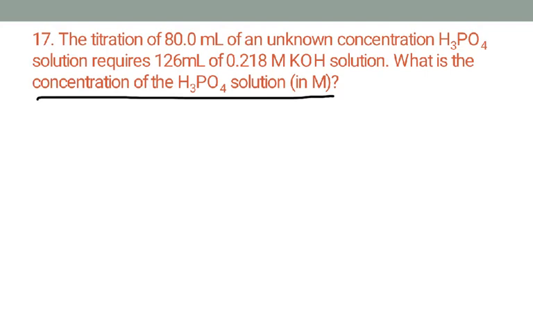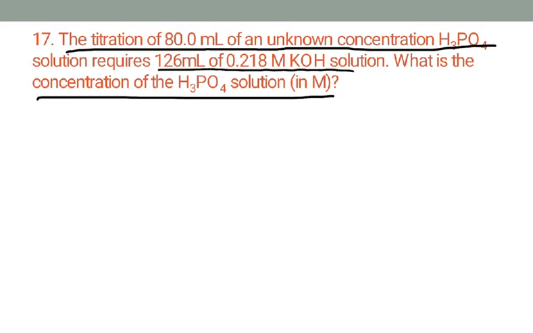Remember that molarity requires moles per liter. In the problem itself, it tells you the volume that you have. So you need to find moles of phosphoric acid in order to determine the molarity, because you have the volume. You're given information about potassium hydroxide, so you want to use this information about potassium hydroxide to find out something about the phosphoric acid.